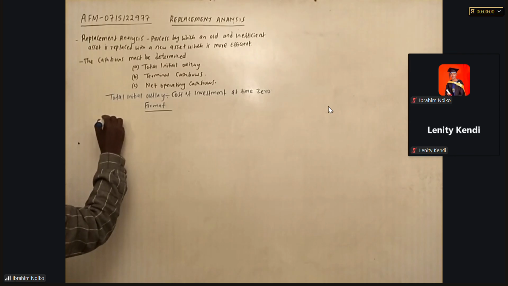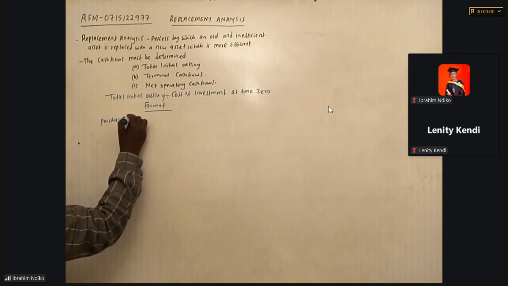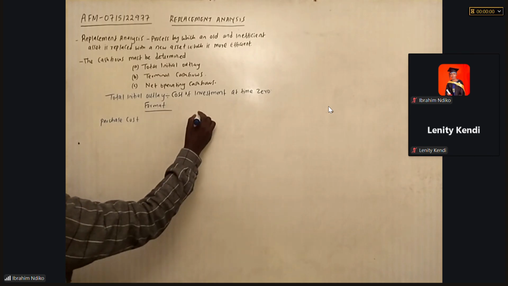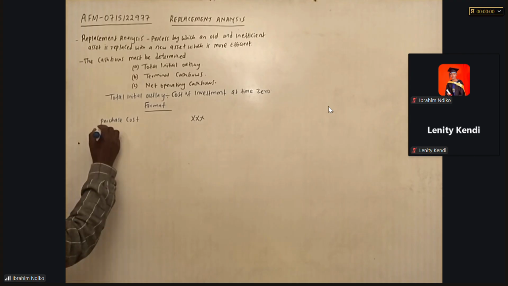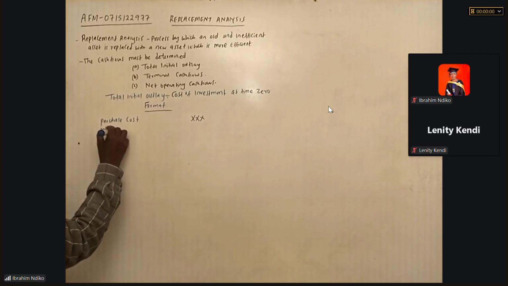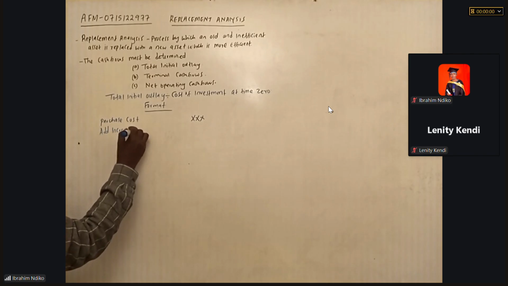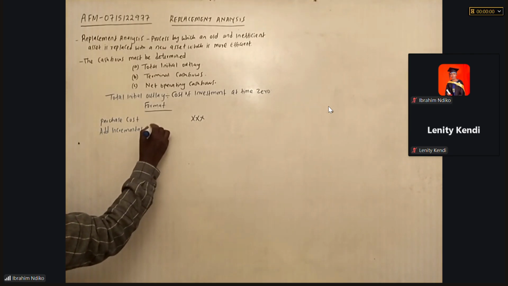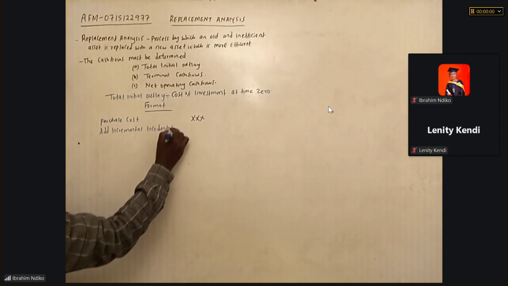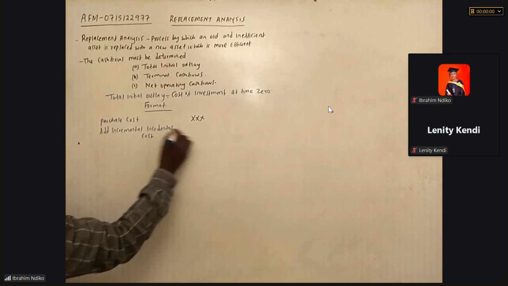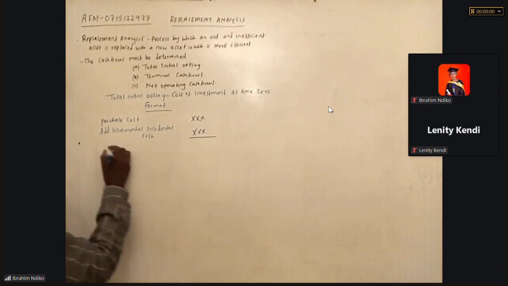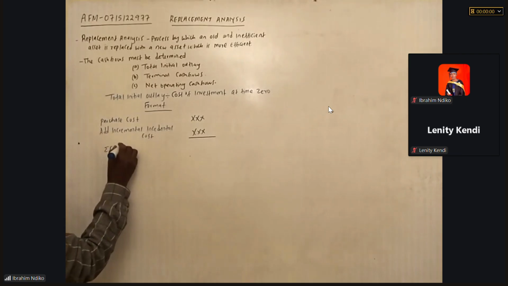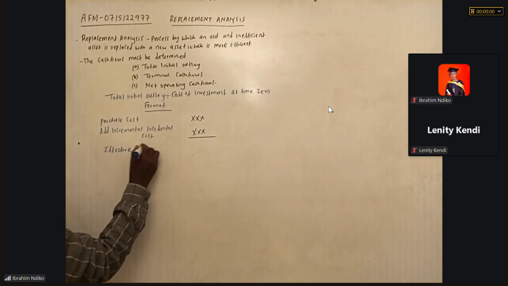We start with the purchase cost. We add incremental incidental cost. Then we shall get what we call the effective cost.